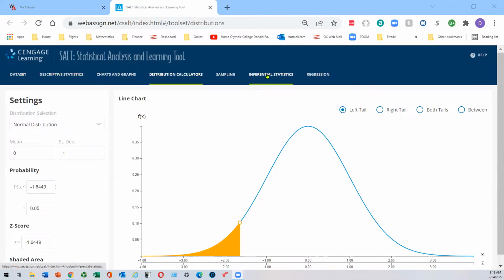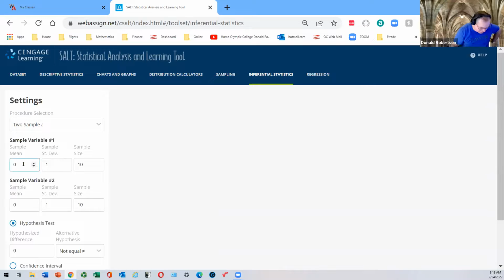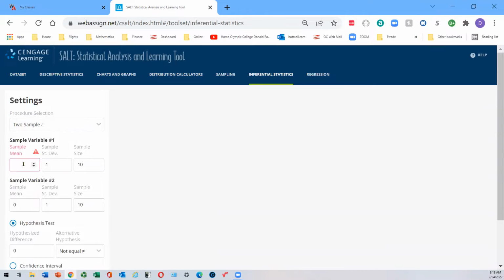Okay. Inferential statistics, 2 sample. I'll have to type it in again. I am going to have to do something for a second, because someone doesn't know that they are unmuted.